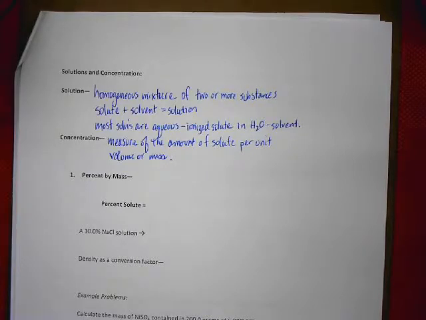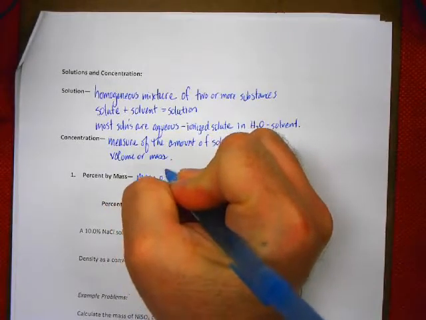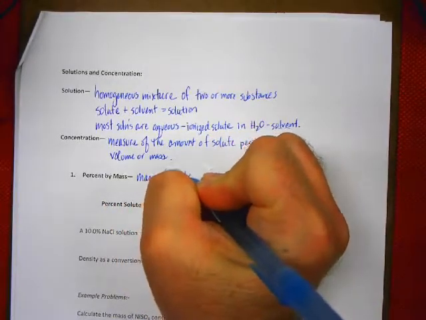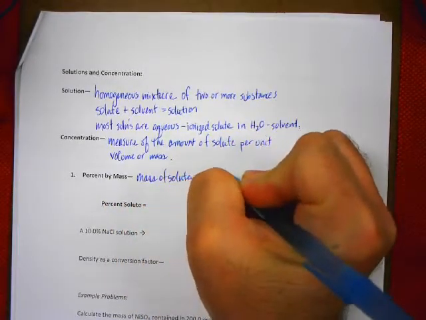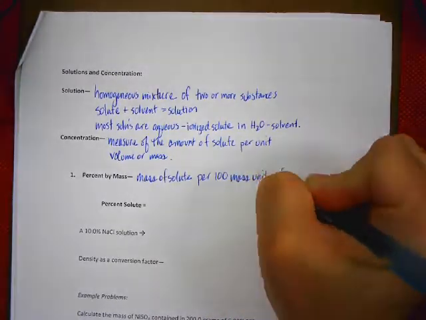So the first type of concentration that we are going to deal with is percent by mass. So obviously we're going to use per unit mass. So this is defined as the mass of solute per 100 mass units of solution.